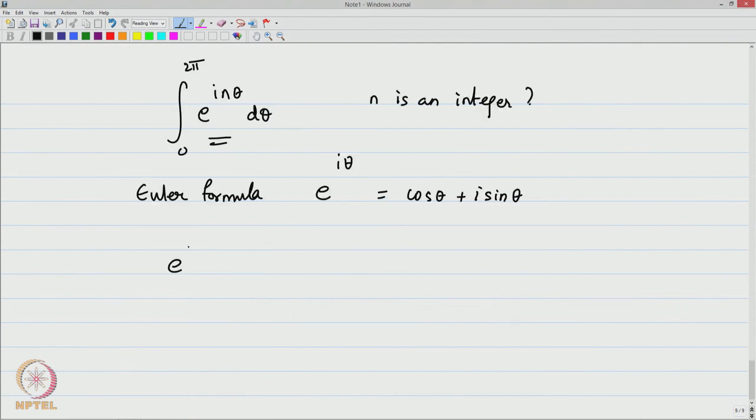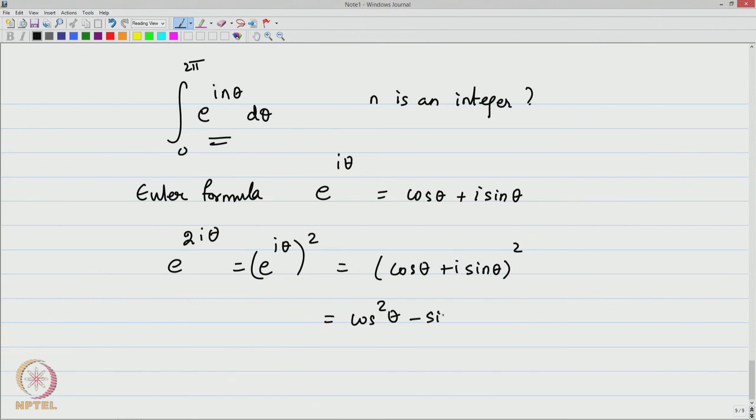What about e to the 2 i theta? This is e to the i theta whole square, and exactly the same thing, cos theta plus i sin theta whole square, which gives you cos square theta, i squared is minus 1, minus sin square theta, so that is the real part, plus i into cos theta sin theta plus sin theta cos theta.